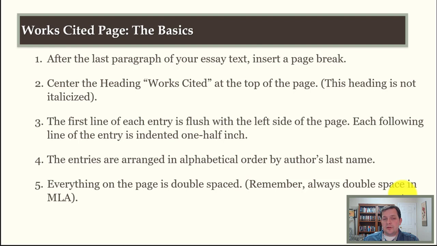You will typically merge the works that have the last name of the author and also the works that have just the title of the work because there is no author known. Those will be alphabetized together, thus making it easier for the reader to find the work that they are looking for.